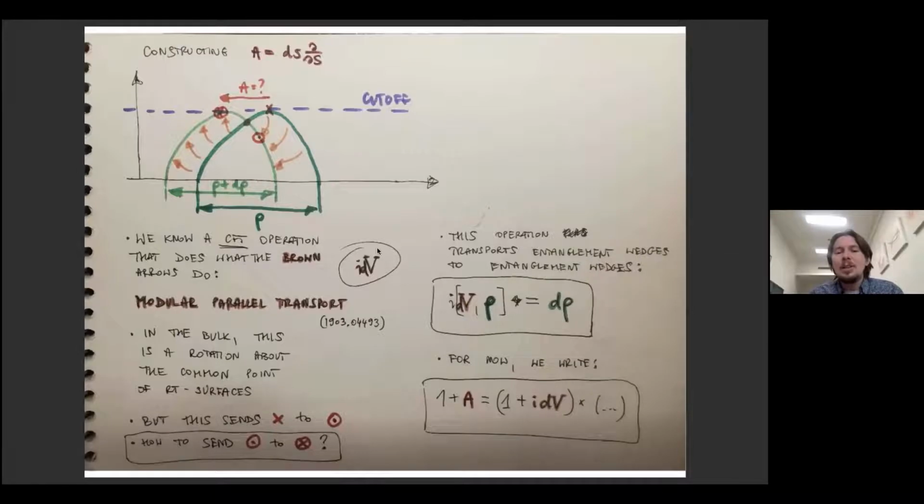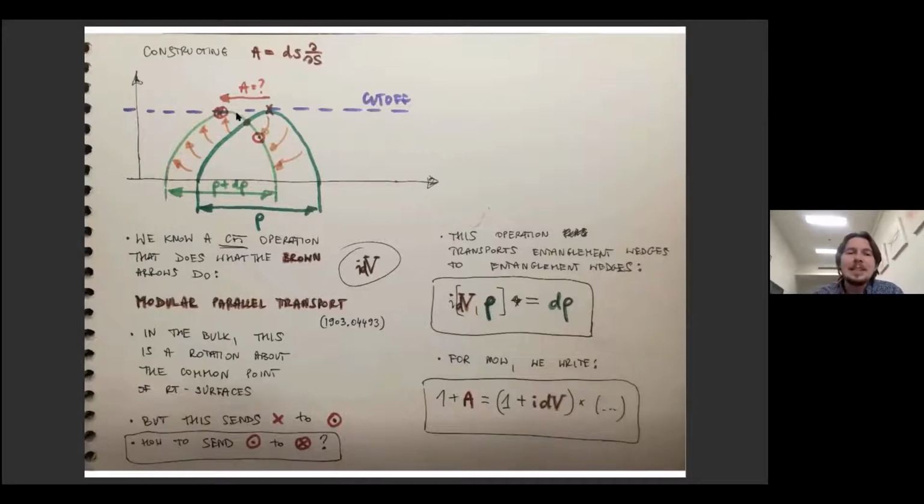I will call the generator of modular parallel transport iDV. I put a D there to emphasize that this is a one form. But it doesn't do the job that A is supposed to do. It only goes part of the way. A is supposed to take the cross and put it to the circled cross here. Instead, it maps this point over here from the bulk point of view.